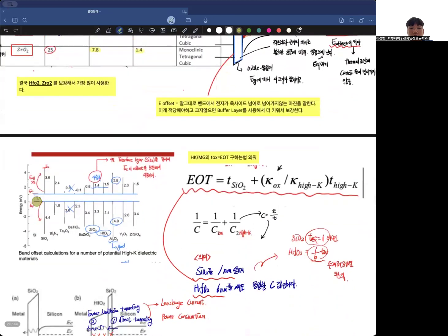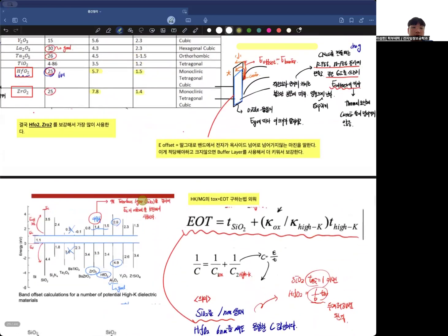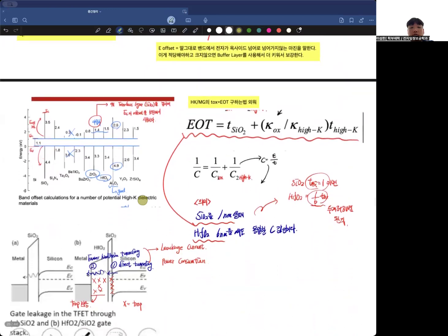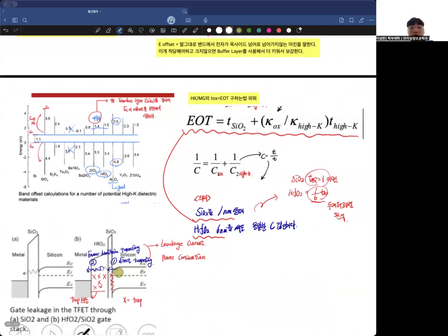But there are several problems with the high-K material, so we use a buffer layer of silicon dioxide to make a larger energy band offset, so it can prevent thermal energy from giving electrons a path through the gate. The problem is prevented.